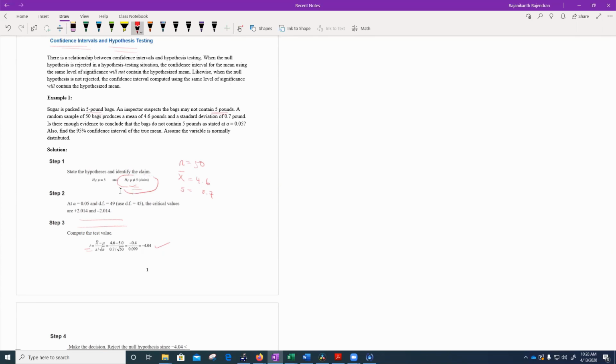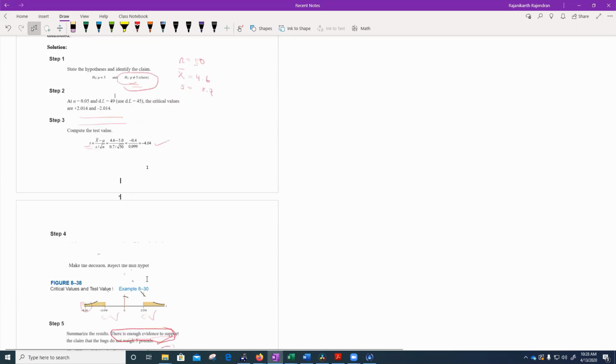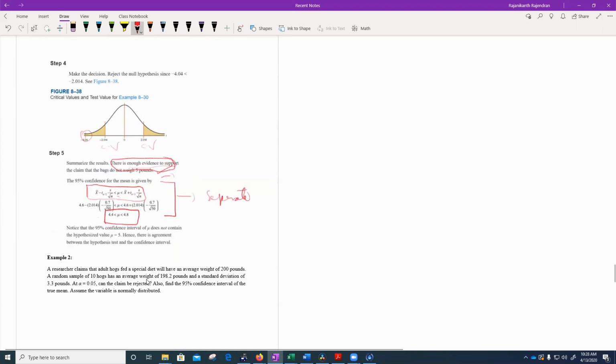Therefore, the population mean should not be 5, and you found the confidence interval for mu. That means the possible answers for the population mean are 4.4 to 4.8. Yes, that is correct, because I don't see the number 5 in this interval.